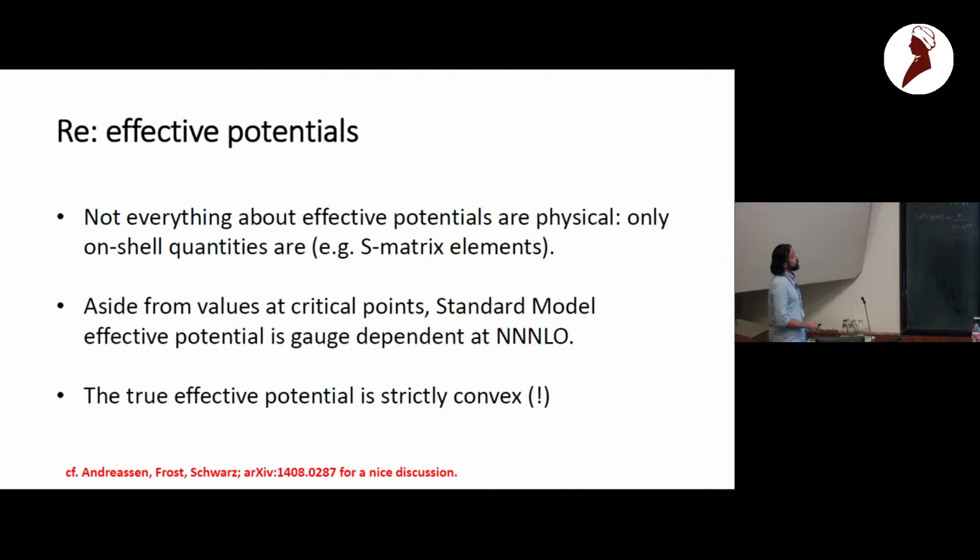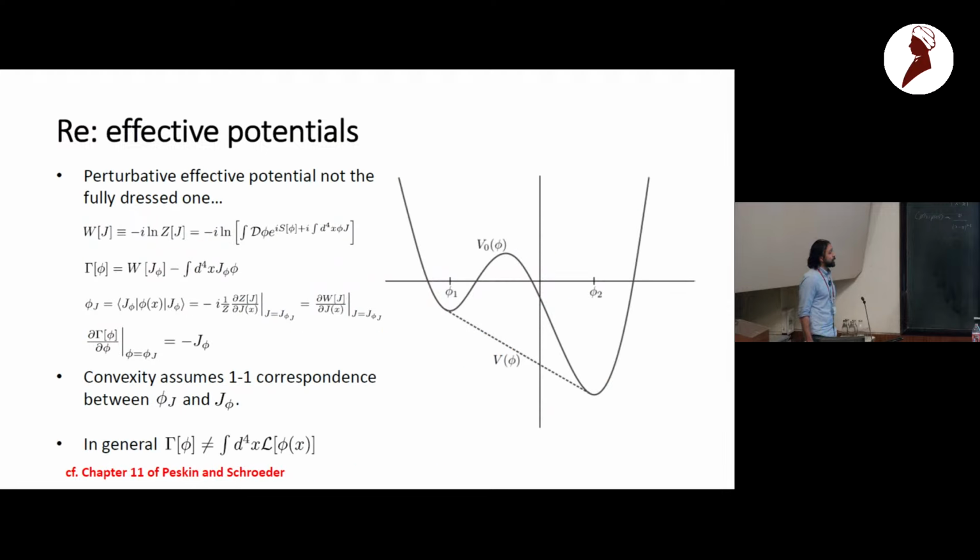Aside from the values of the critical points, even the standard model effective potential is gauge dependent at next to leading order. This is also known. But at the critical points, where you can do background field quantization, everything works nicely, everything's consistent, all the gauge parameters that you put in drop out, you get physical answers. But it's also known that the true effective potential is strictly convex.